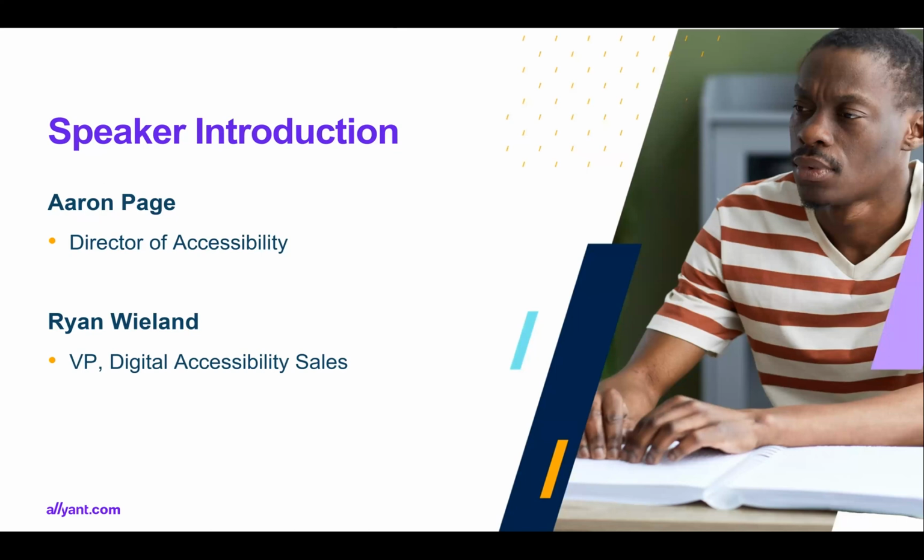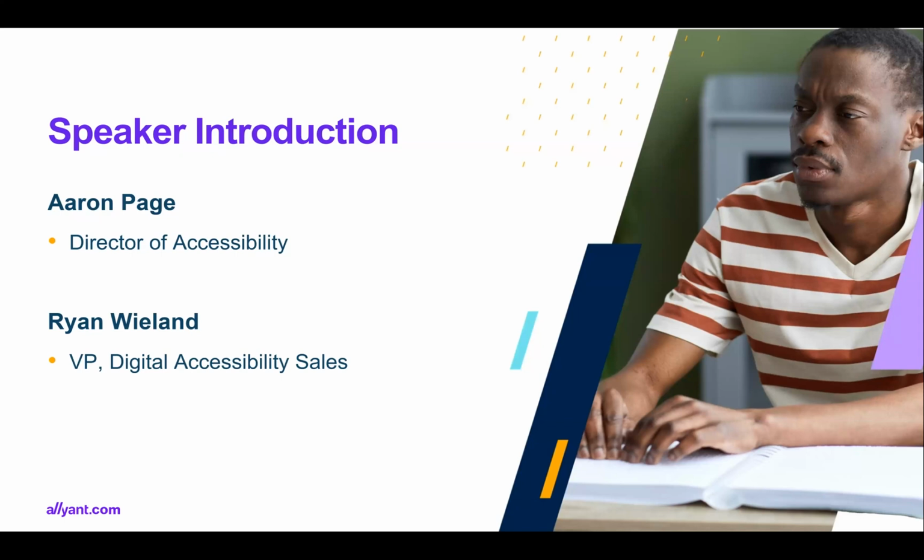Absolutely. Thank you, Aaron. And a brief introduction to me and my role. My name is Ryan Wieland. I've been here at Alliant for a little over 6 years. It's crazy how time flies. I've been in the accessibility space for quite some time. My official role and title is VP of Digital Accessibility Sales. Through that work, I truly am blessed with this role.